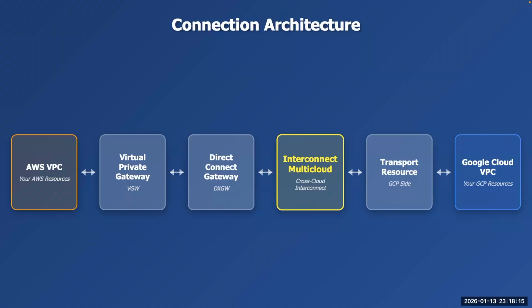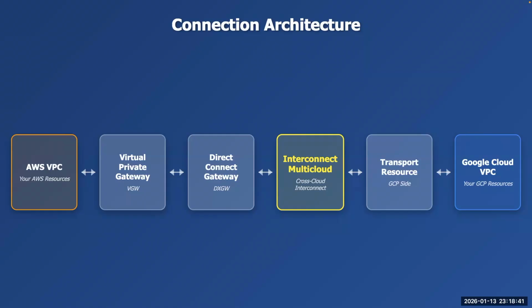So if I talk about the traffic pattern starting from AWS, it starts from your VPC, goes to the virtual private gateway, then to the Direct Connect gateway. From there, it connects to the Interconnect Multicloud service. This is the cross-cloud interconnect that bridges AWS and Google Cloud. On the Google Cloud side, the connection terminates at the transport resource and reaches your Google Cloud VPC.